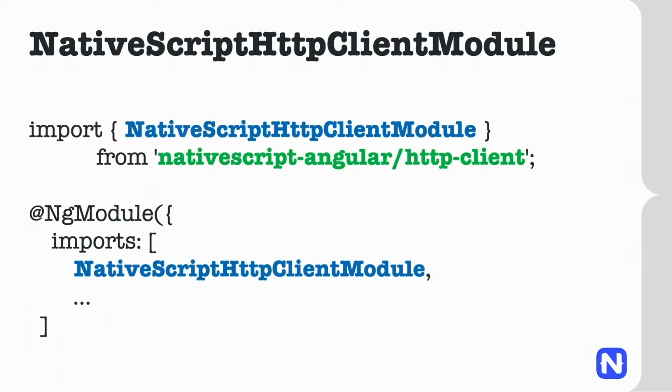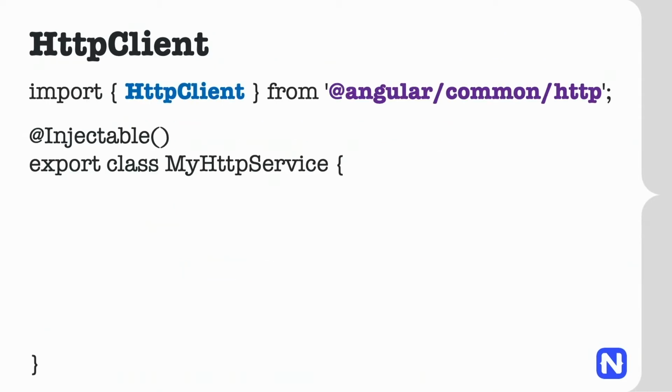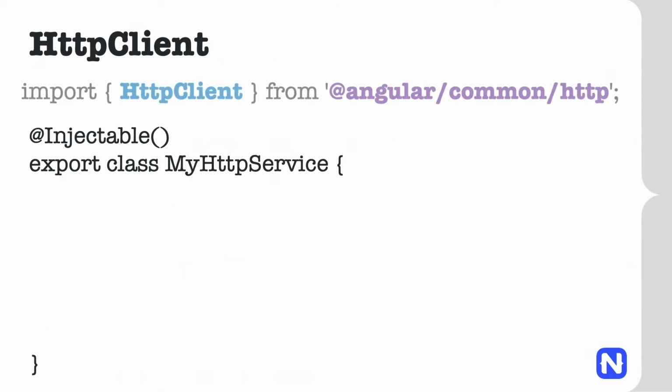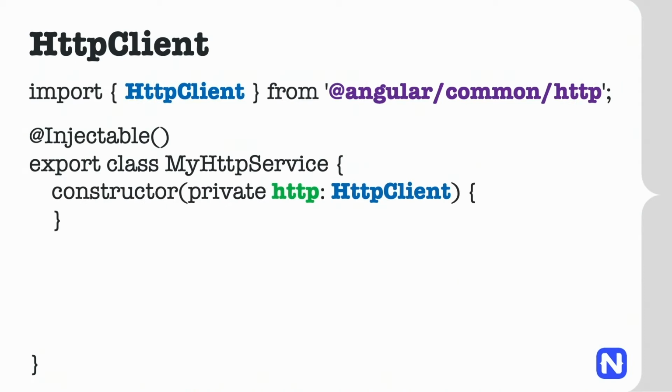And then later on, when you're actually building your service using the HTTP client, what you do is just use the dependency injection to pass in HTTP client. And then at this moment, if you build this project for web, you're going to use the web version of it. If you're building this project for mobile, this service is going to use NativeScript's version of the HTTP client.